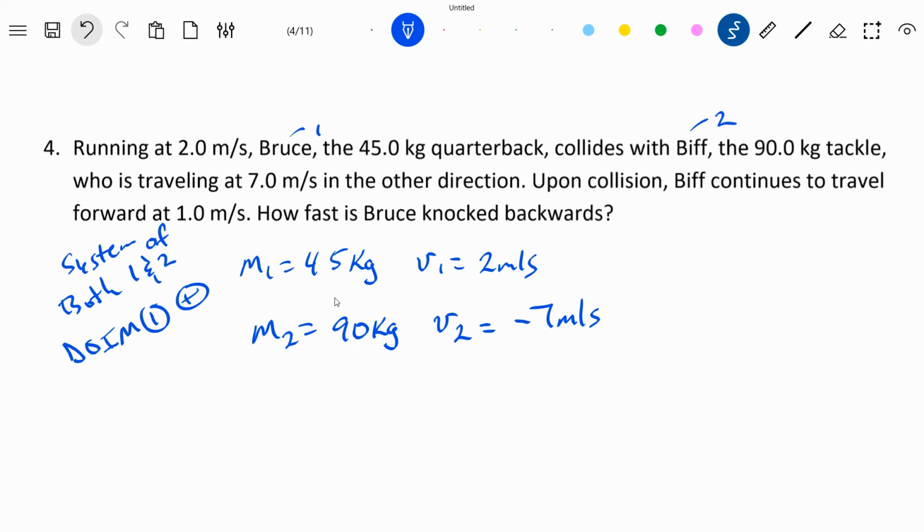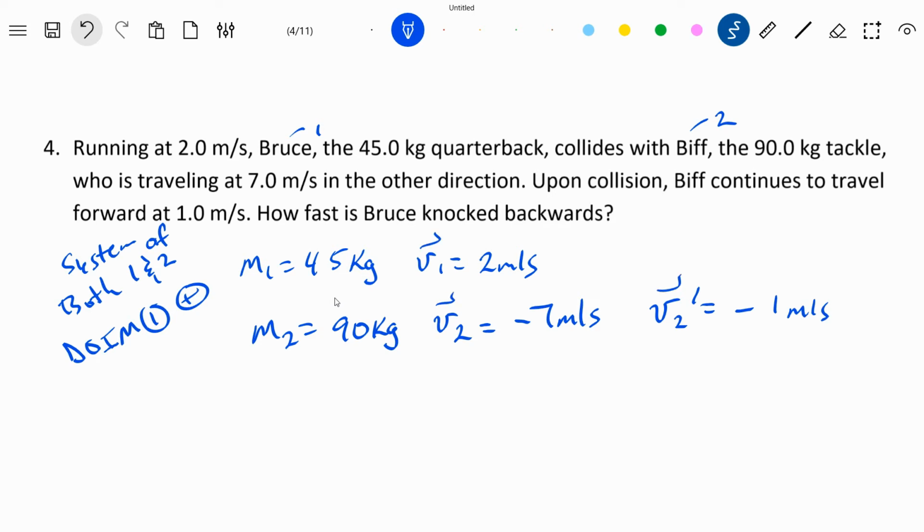Upon collision, Biff, number 2, continues to travel forward at 1 meter per second. So the velocity V2 prime continues in the same direction he already was, so that is my negative direction. Even though it says forward, remember that's forward for that person. It's actually the other way for person number 1. So that is going to be negative 1 meter per second.